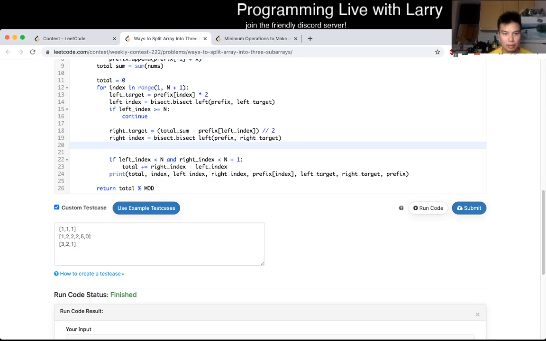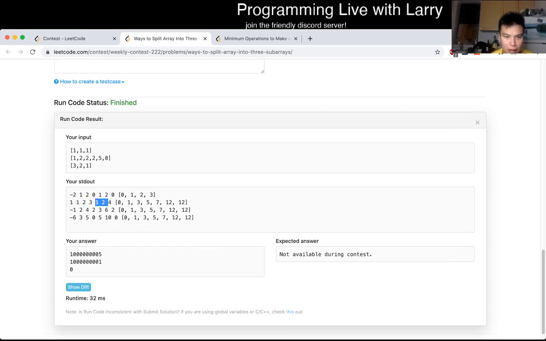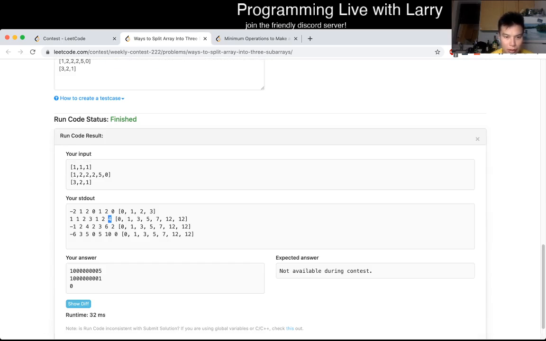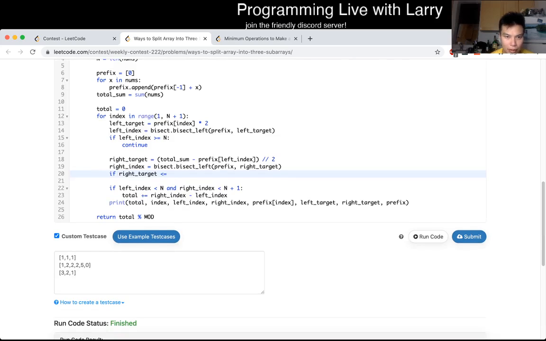Is this part right at least? No, still wrong. Because this should be total sum is 12. Minus 2 is 10. How do you get 4?